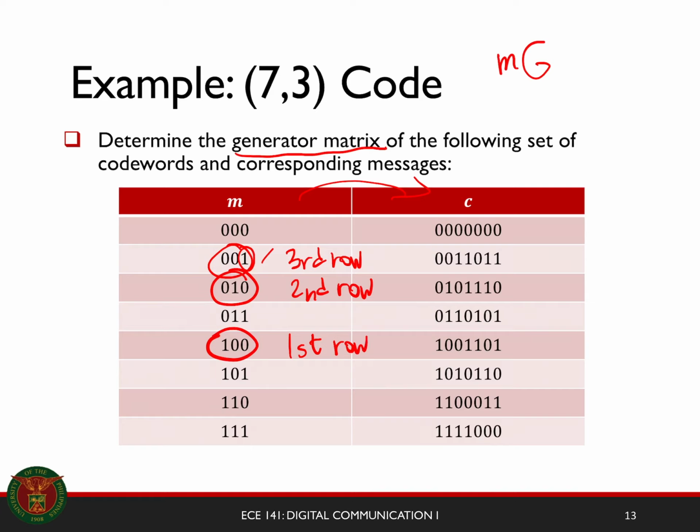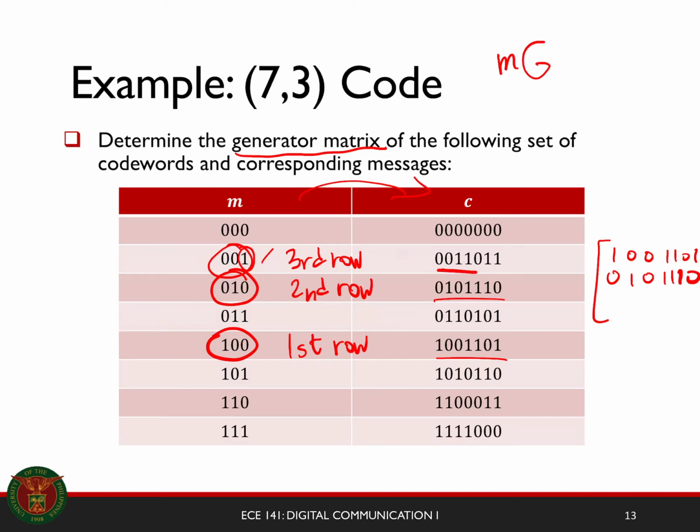And it turns out that for this generator matrix, the first row is 1 0 0 1 1 0 1. Second row is 0 1 0 1 1 1 0. There you go.